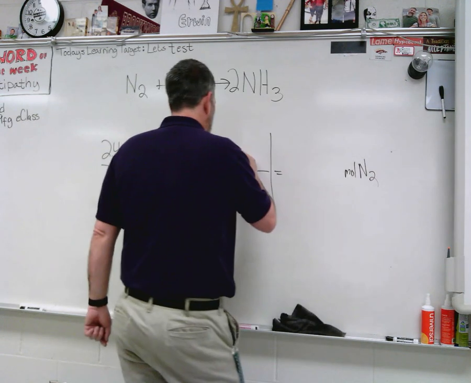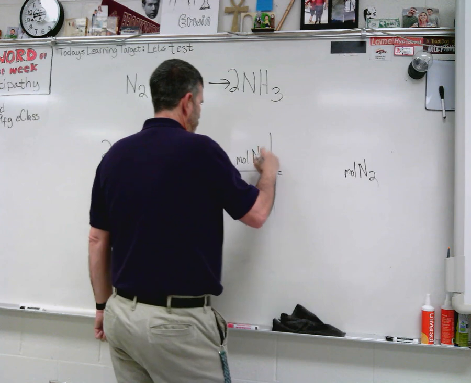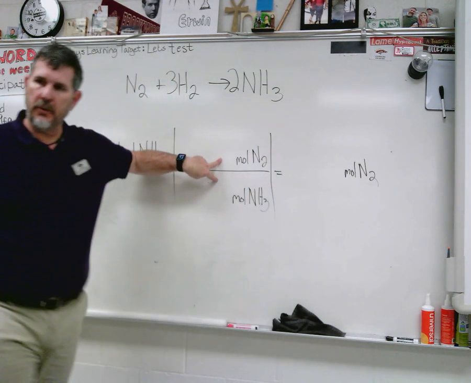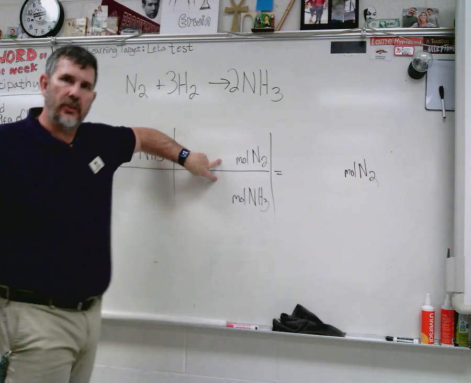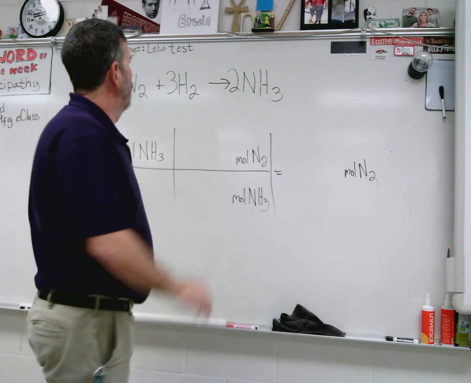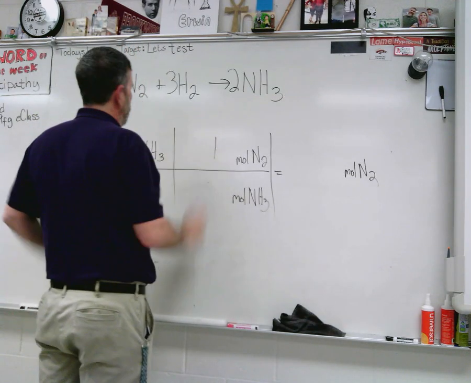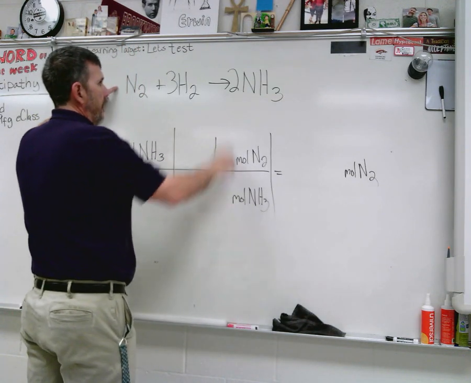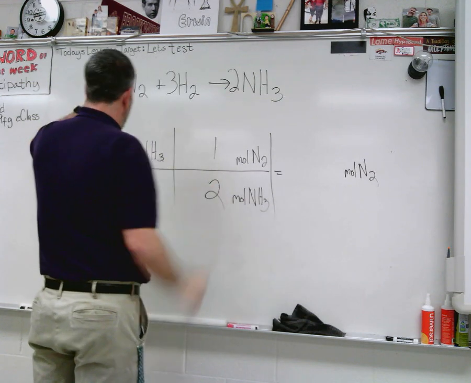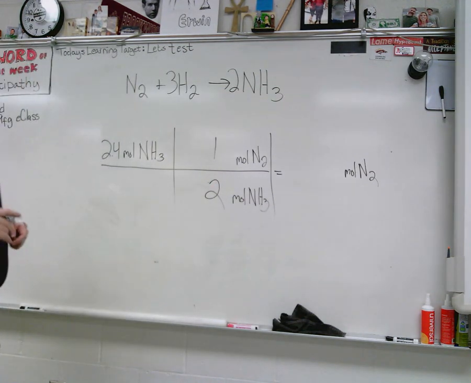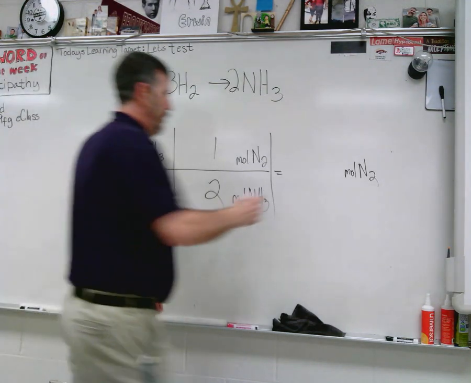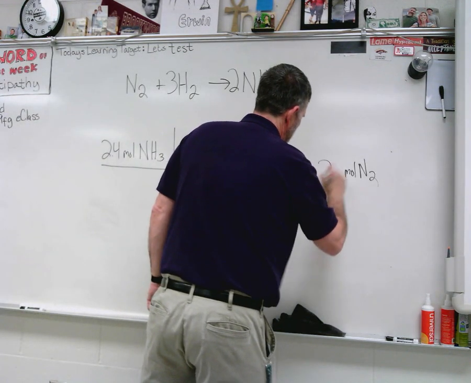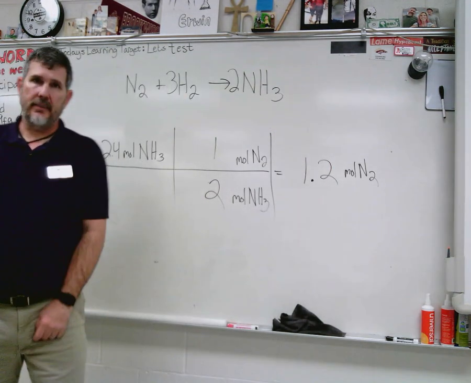And so again, heart of the problem, all I'm doing is looking for that ratio. So 1 mole of N2, 2 moles of NH3. 2.4 divided by 2 is 1.2 moles of N2. That's how simple these are.